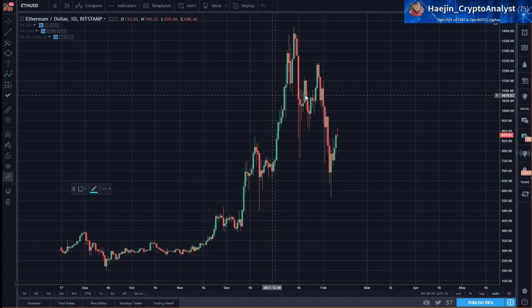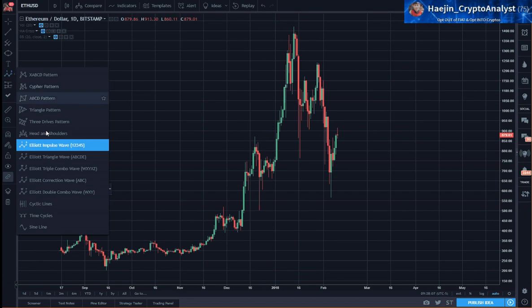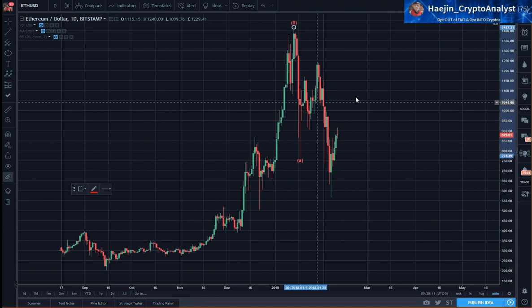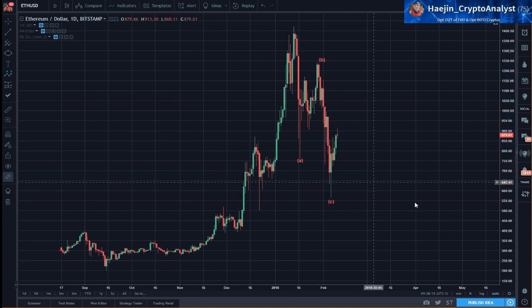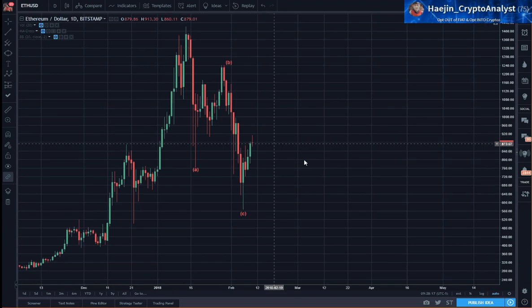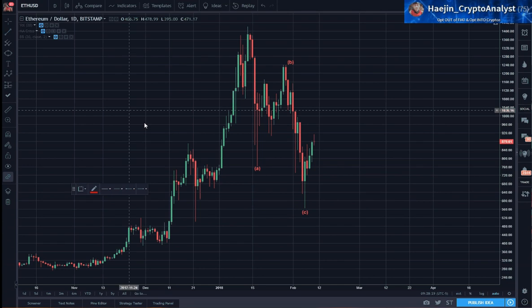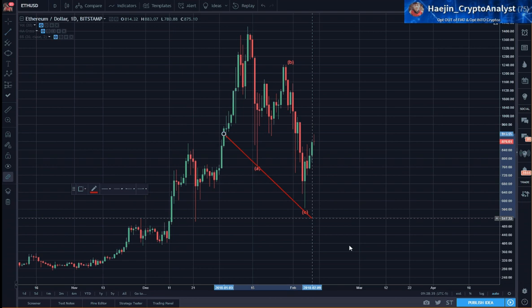This correction can be labeled with an ABC, while it was very similar to Bitcoin. It didn't exactly provide the same type of piercing level type of wedge pattern formation.